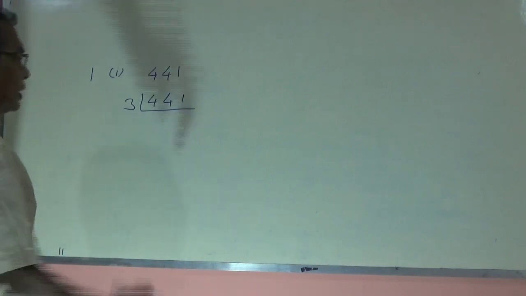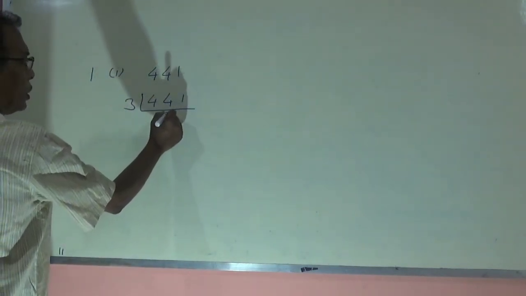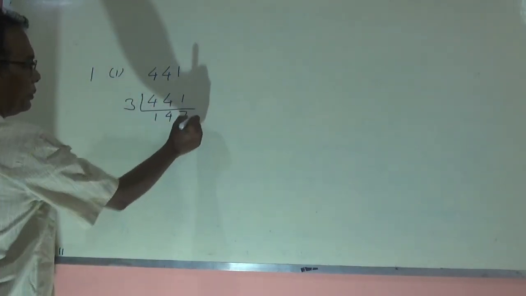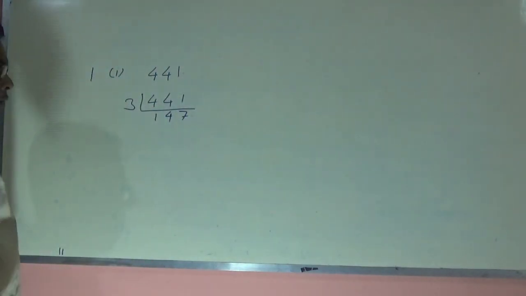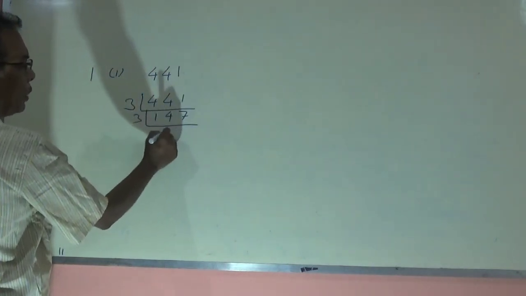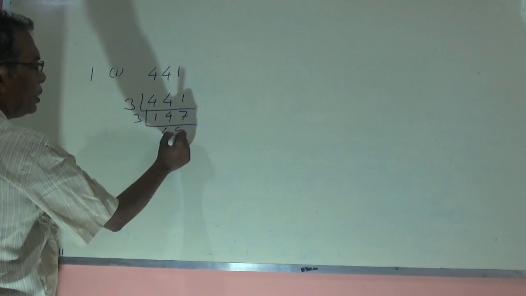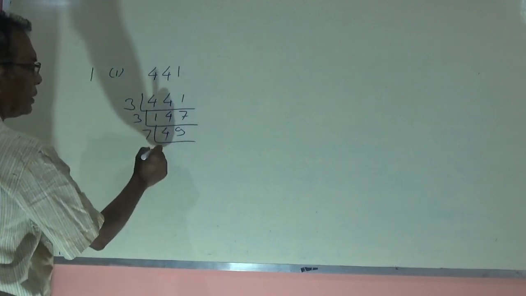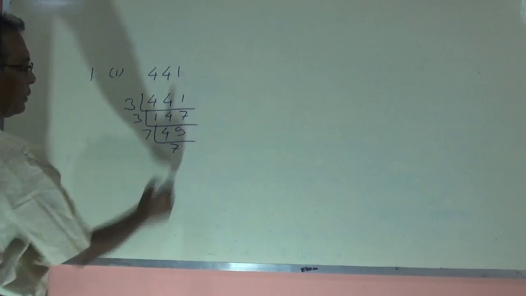Let's say 3 1s are 3, 3 4s are 12, 3 7s are 21. Now again it is divisible by 3, 3 4s are 12, 3 9s are 27. Now this number again is divisible by 7 only, 7 7s are 49.